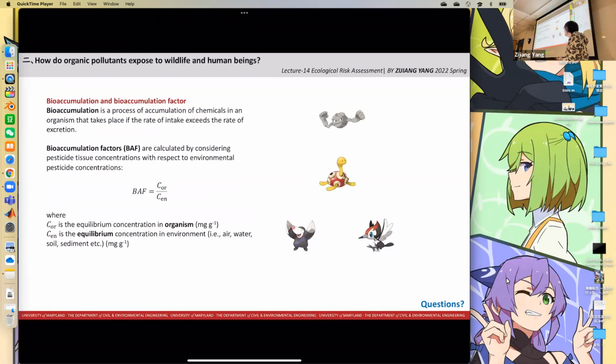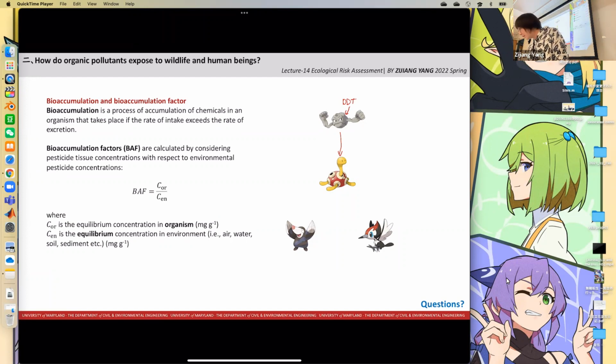Then I want to also talk about bioaccumulation. So suppose we have DDT in the soil, and we know that some of the worms, like the earthworm, will eat the soil. So they can also eat the DDT. But the DDT is very persistent and it is also hard to be excreted.